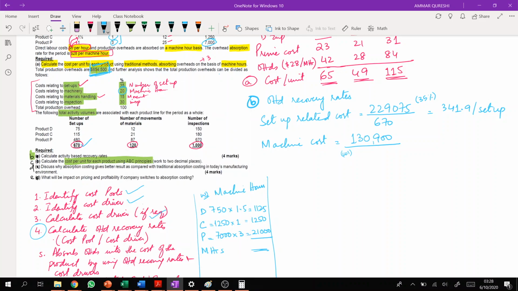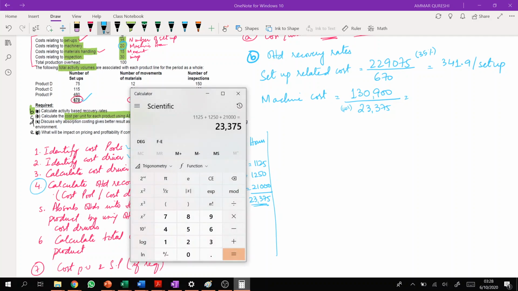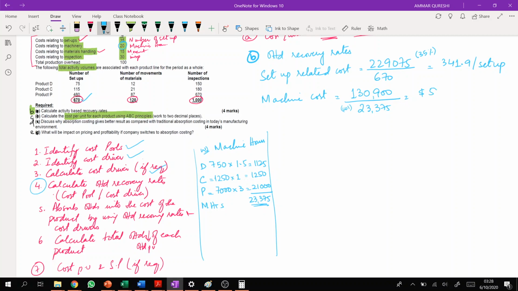That makes 23375, right? So we will divide this figure with 23375. So 130,900 divided by 23375, that makes around $5.6 per machine hour. Right? It was 341.9 per setup.